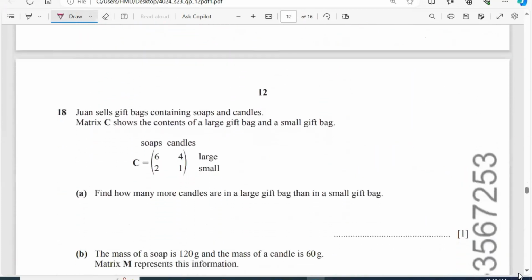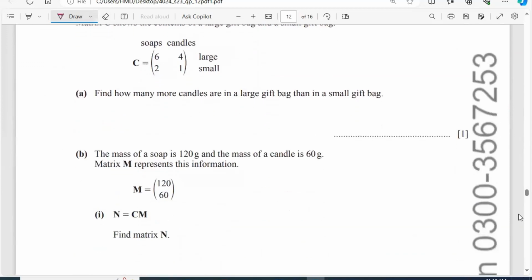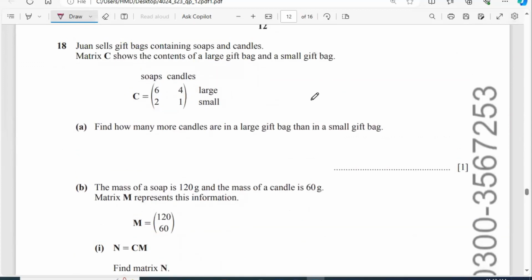Next question. This is question number 18, from the topic matrices. Read part A carefully: find how many more candles are in a large gift bag than in a small gift bag. There are two bags here, a small bag and a large gift bag.